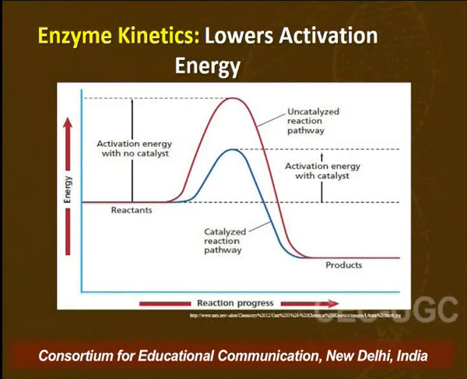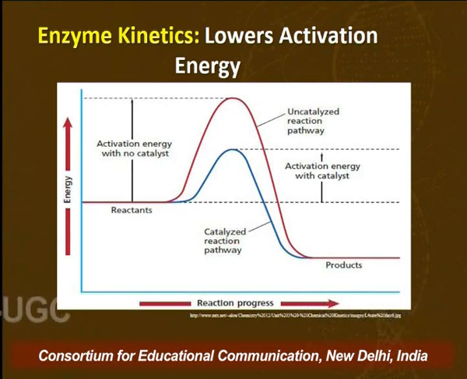Now this is a basic diagram which shows the enzyme kinetics. As I told you, the enzyme works in a very simple process, that it lowers the activation energy. If you see the diagram over here, this is a diagram plotted with the energy and the reaction process. Initially there was a reactant, so the substrate came, the enzyme came, and they complemented each other, the enzyme substrate complex was formed and the product was formed.